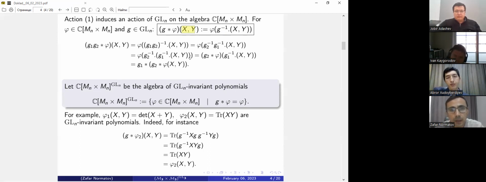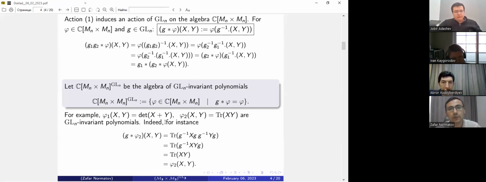Okay. And let this be the algebra of GLN invariant polynomials. Namely, this algebra can be written as follows. These are the polynomial functions such that G star phi equals phi.